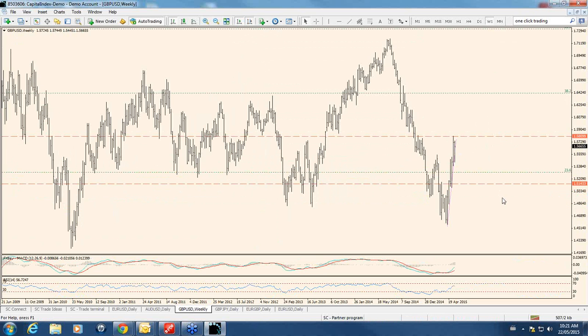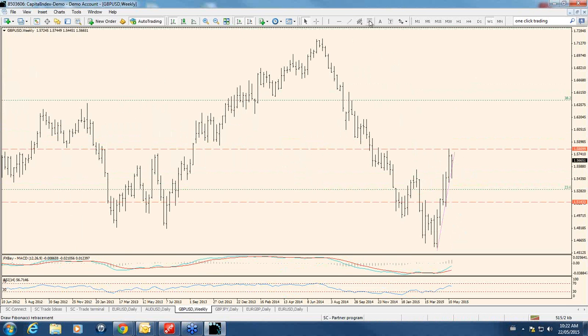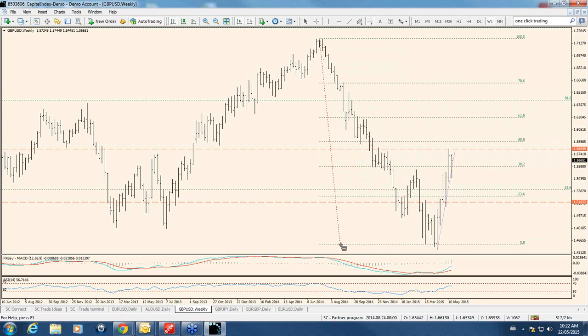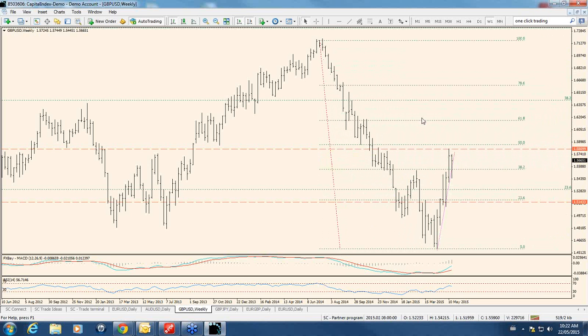We will go to weekly, and in weekly we can see that as of the last 12 months, the price has been in a huge downtrend, and then it reversed back. I'll just blow that up a little bit. So what I would do in here, I would draw another Fibonacci from here to there, and see whether our Fibonaccis give us a cluster.